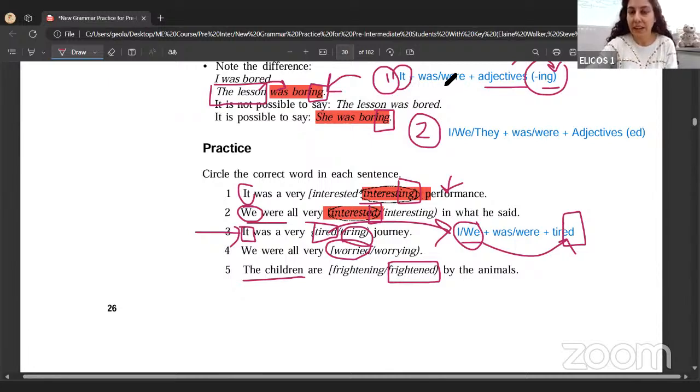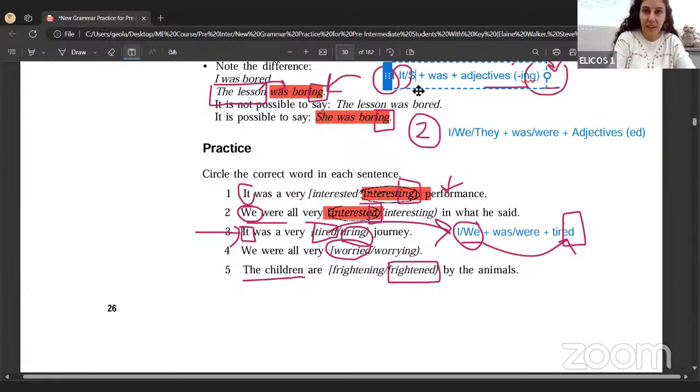Or it could be, sorry, then I'm going to take off were here. But we have she. So we have to go it, she, and he with an ing because she was boring.